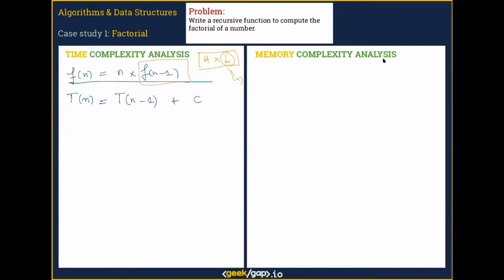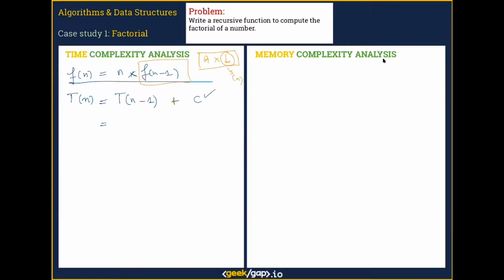That's why we say constant time for the multiplication plus the time it takes to compute factorial of n minus 1.